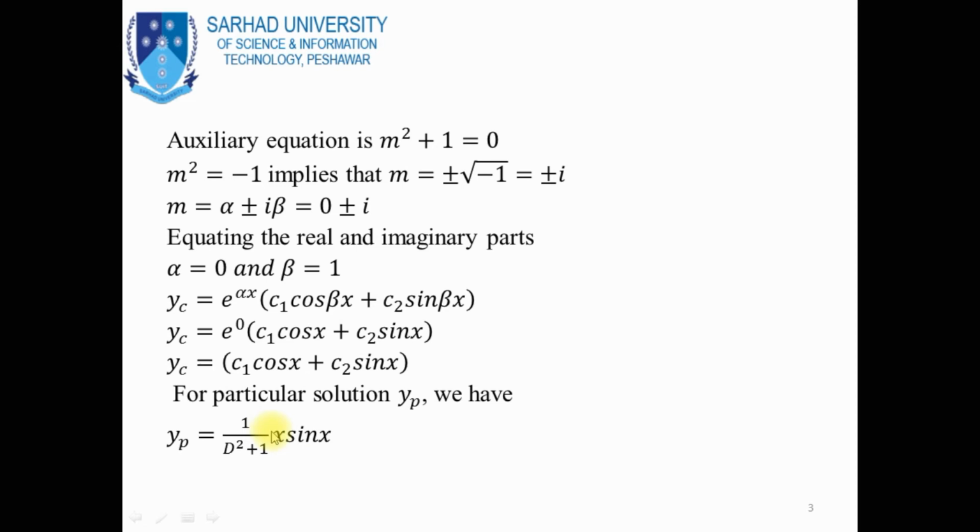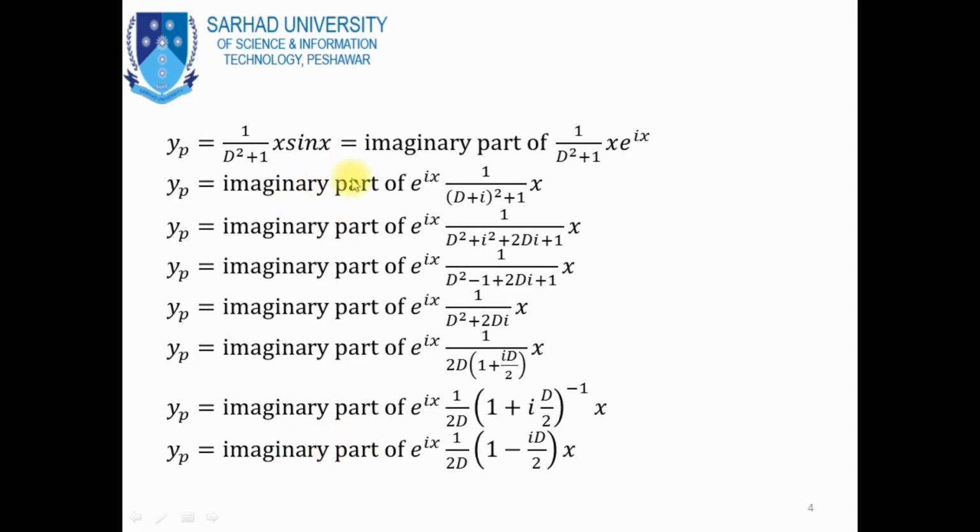If sine is multiplied with the polynomial, then for the particular solution we write the imaginary part of 1 over D² + 1, the inverse operator, into the polynomial and e^(ix). So when sin x is multiplied with the polynomial, we write the imaginary part of this expression, and if cos x is multiplied with the polynomial, then we write the real part of the expression: the inverse operator, multiplied by the exponential, multiplied by the given polynomial.